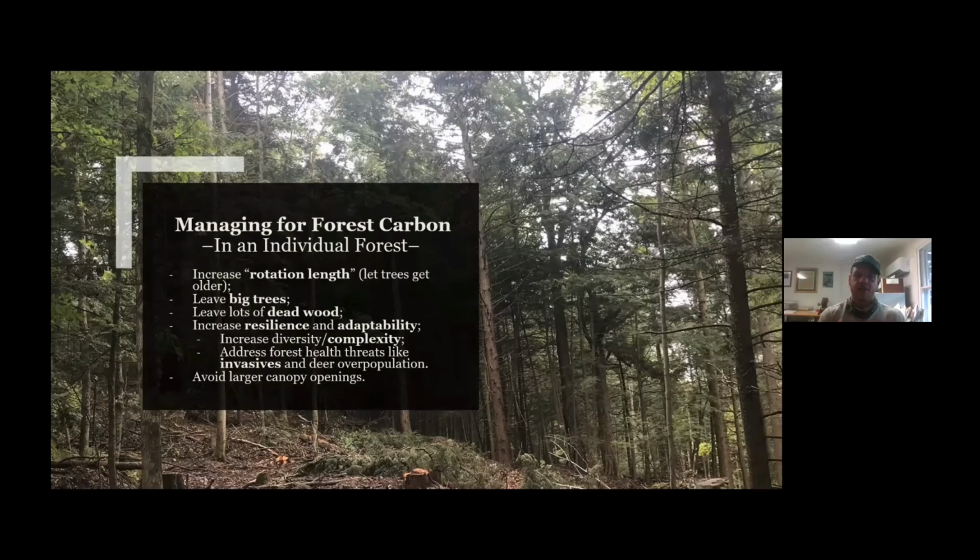Those are all things that are going to help our forests sequester and store lots of carbon in the long term. The other thing we can do is avoid larger canopy openings, like big clear cuts, except in cases where we're trying to create very particular wildlife habitat that is not appropriate in every situation, but may be appropriate in certain situations for certain species.